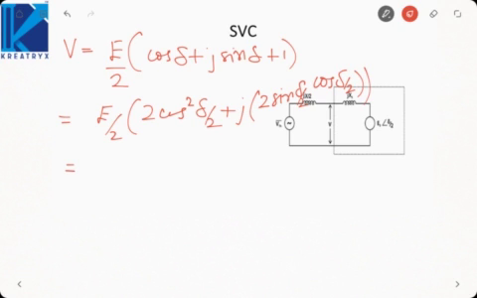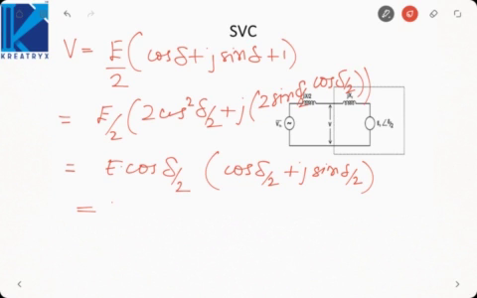So we can take out the common 2 cos delta by 2. So it will be E cos delta by 2 times (cos delta by 2 plus j sin delta by 2). So it will be E cos delta by 2 angle delta by 2. So this will be the midpoint voltage of the transmission line.